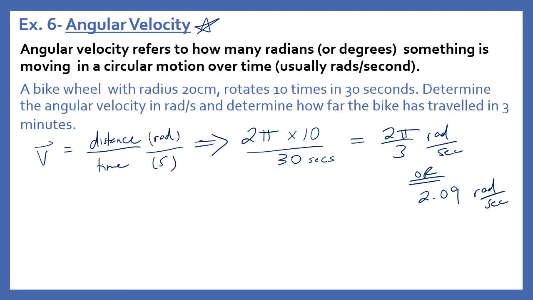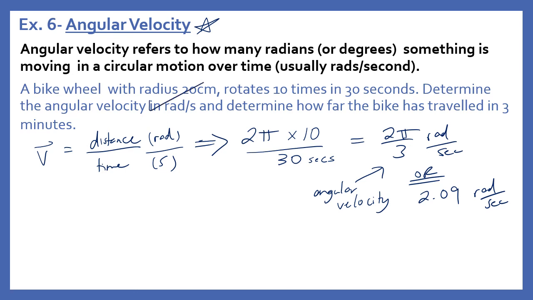If degrees makes more sense to you, remember we had 1 rad equals 57.3 degrees, so this is basically rotating through just over 114.6 degrees every second. So there is our angular velocity. That takes care of this.